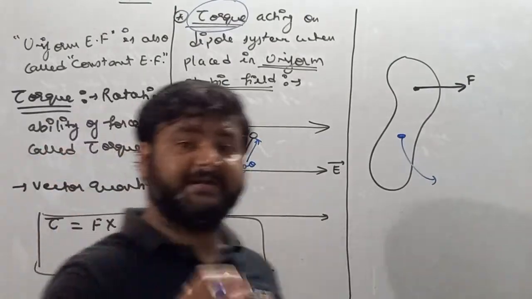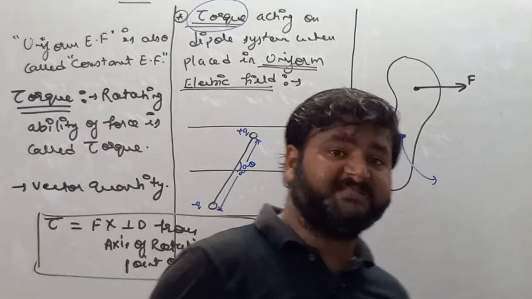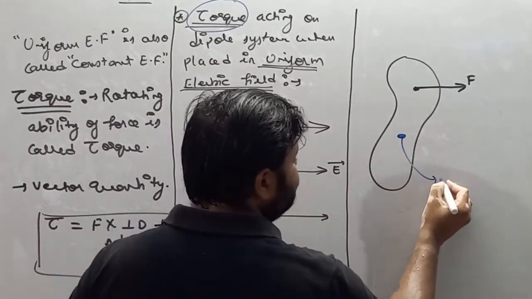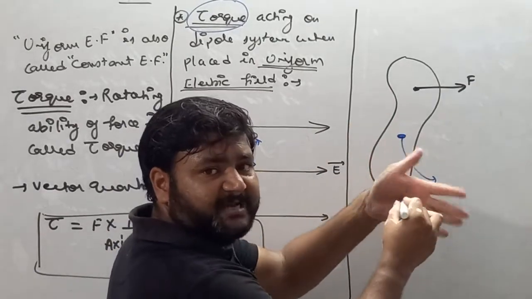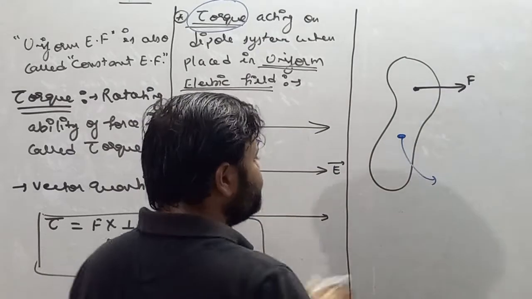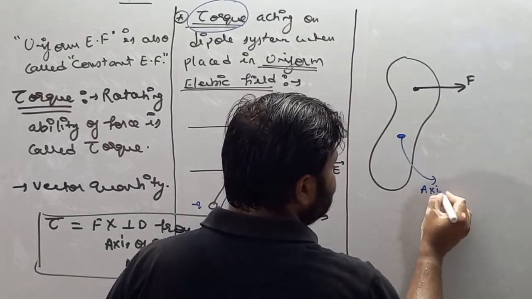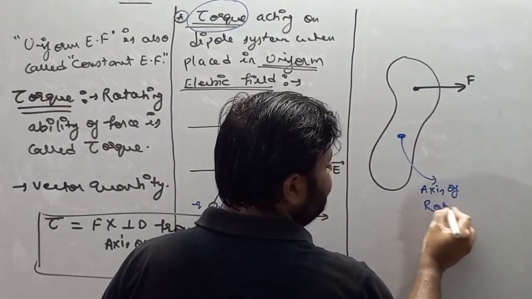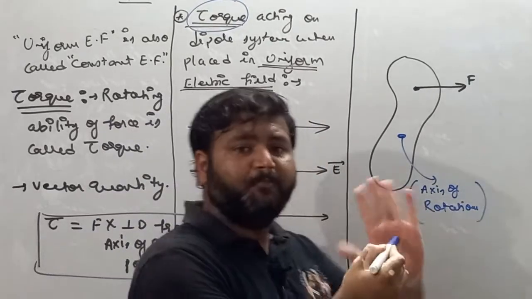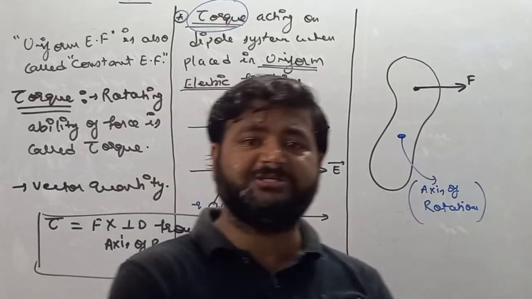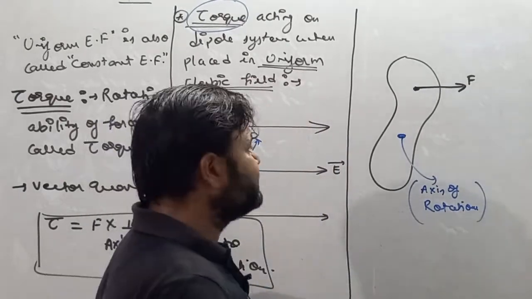You studied already in +1 class, or first year, that this is a point with respect to which the body starts performing rotational motion due to this force. So that point is called the axis of rotation. The point about which a body performs rotational motion is said to be the axis of rotation.